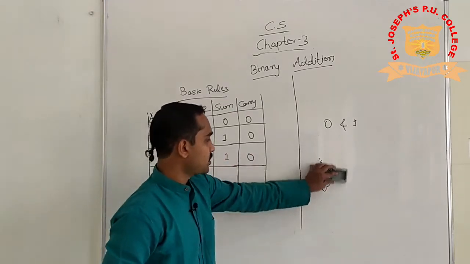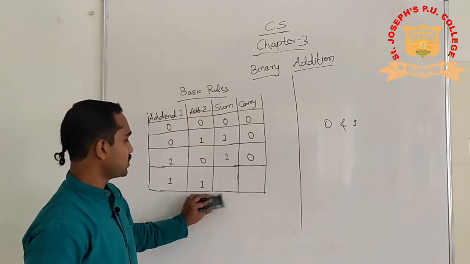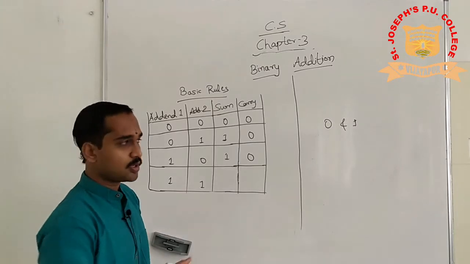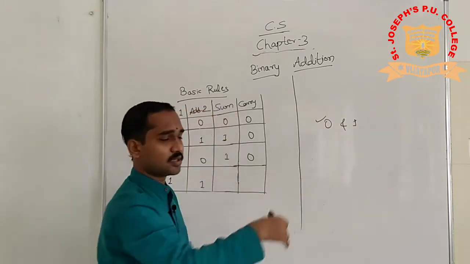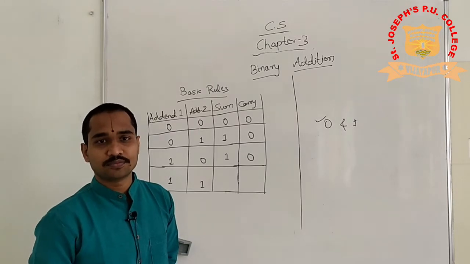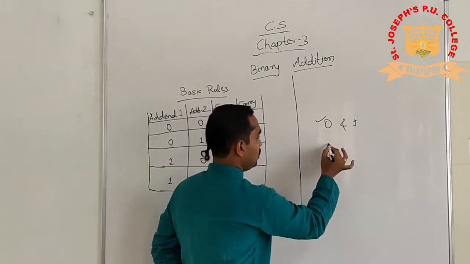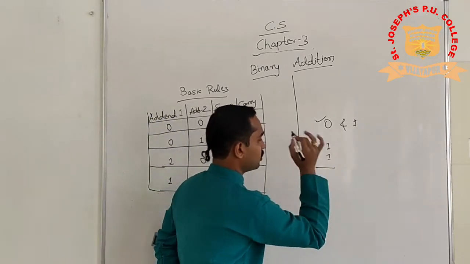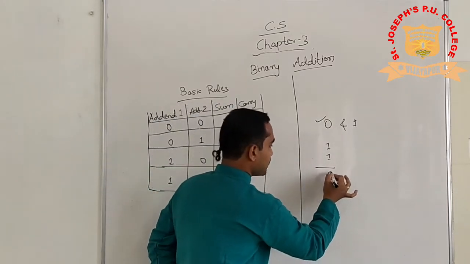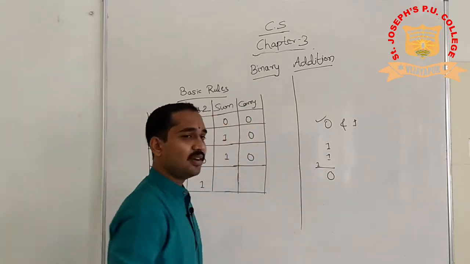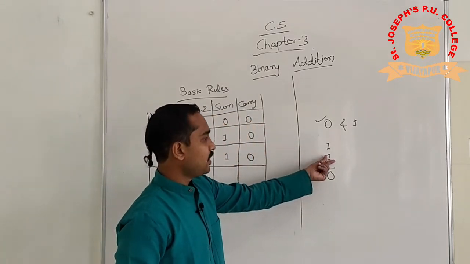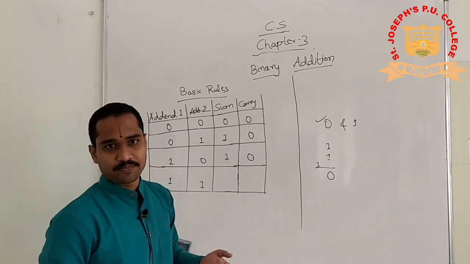But what happens when you say 1 plus 1? You cannot say 2, because there are only two digits, 0 and 1, isn't it? Then what is 1 plus 1? What is the answer? You should say 0 as the sum and 1 as the carry, because it exceeds the highest number.